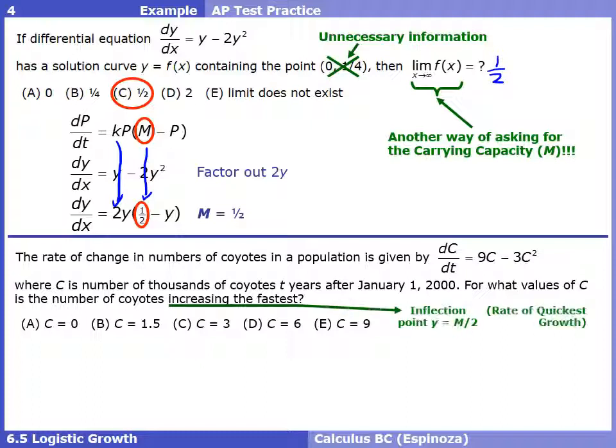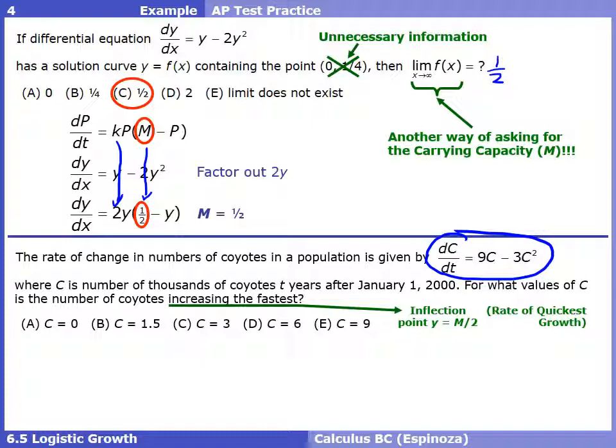We know the rate of quickest growth is at the inflection point, which is half of the carrying capacity. So that's really the key. Can we identify the carrying capacity in our logistic growth differential equation? Well, again, we kind of have a dilemma here.